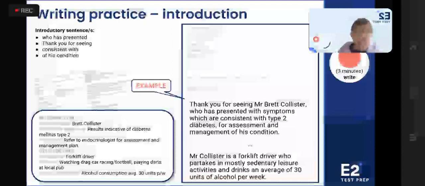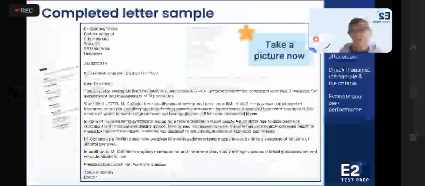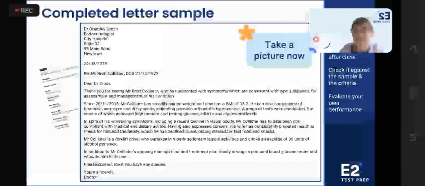And drinks an average of 30 units of alcohol per week. All right, we don't use is a heavy drinker, is an alcoholic, excessive, or all those sorts of things. No, how much does he drink? Symptoms which are consistent with type 2 diabetes for assessment and management of his condition. Comma comes and goes. But if you want to put it, certainly won't be an issue. Now, let's go and tell the story. That's what I want to hear first.